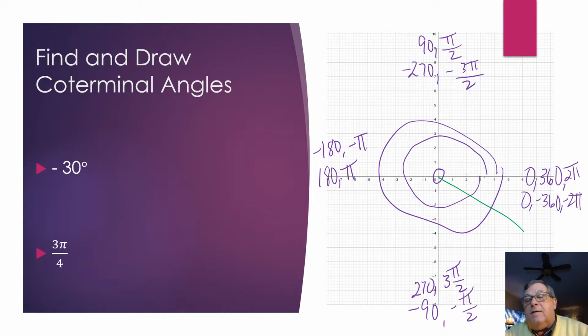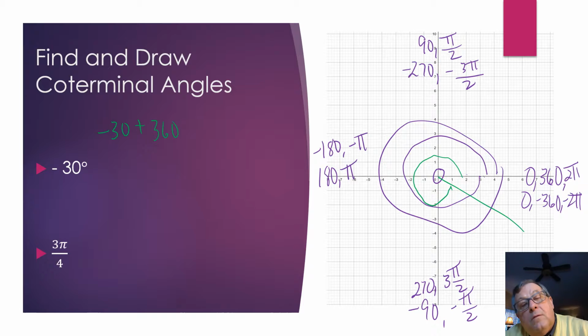Now, if I had an angle that was sharing this terminal side and it was positive, it would be moving around this direction back to this terminal side. And so algebraically, I could find that by saying, okay, well, I've got negative 30 plus 360.